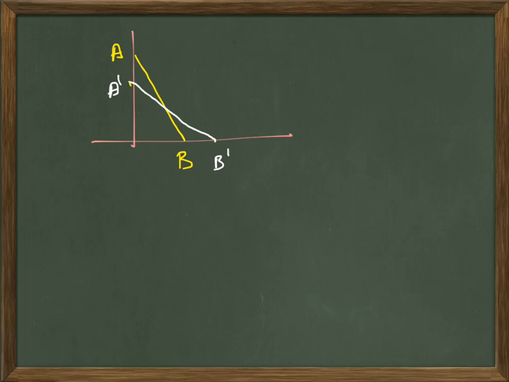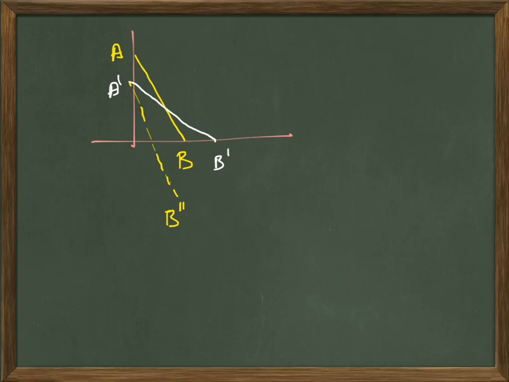So A came to A dash, and the stick came to this position, shown by the dotted line. So I have translated the stick. So the stick AB came to A dash, B double dash by translation. So I have chosen a point on the stick, and I have translated the stick about that point.